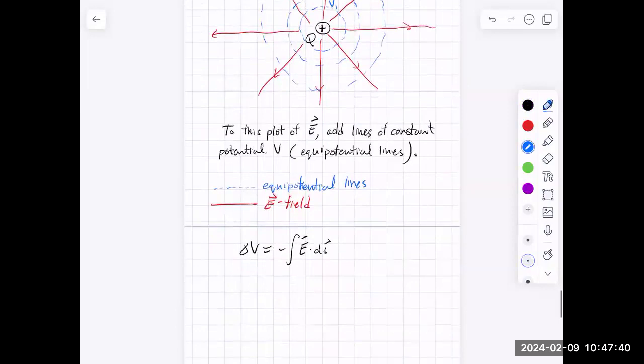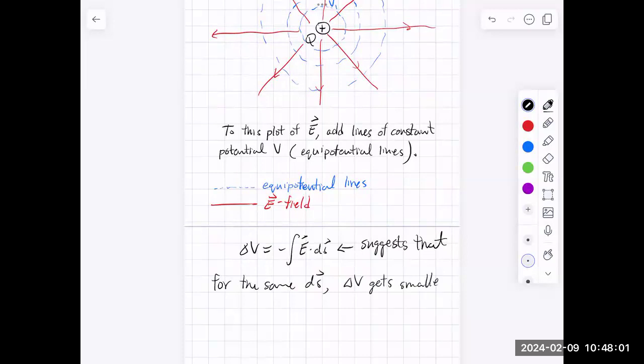So this expression suggests that for the same ds, delta V gets smaller as E decreases.